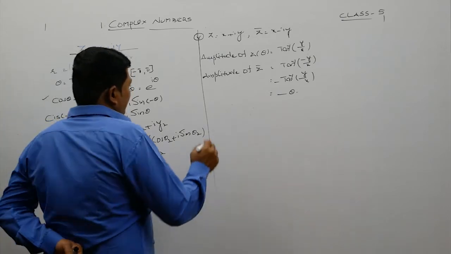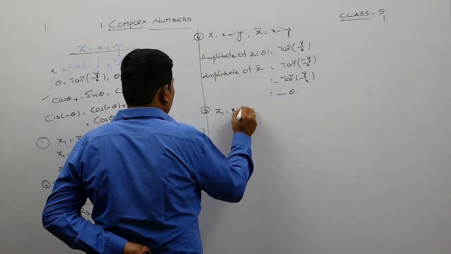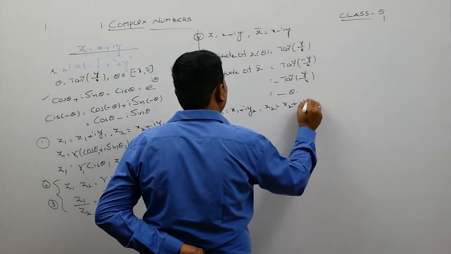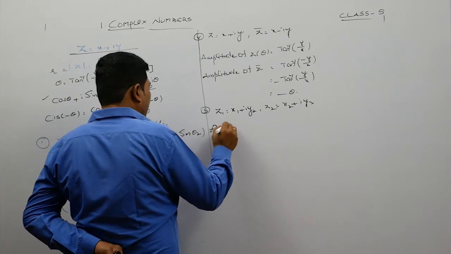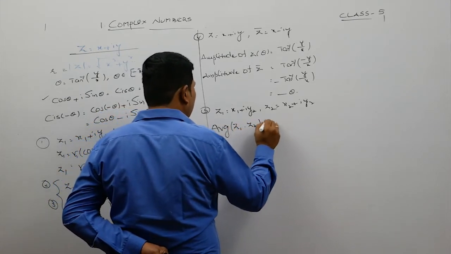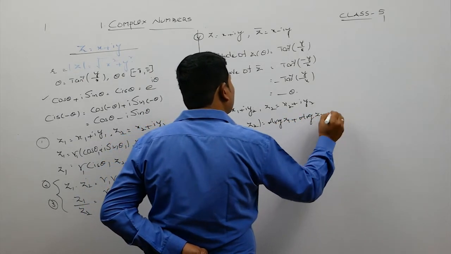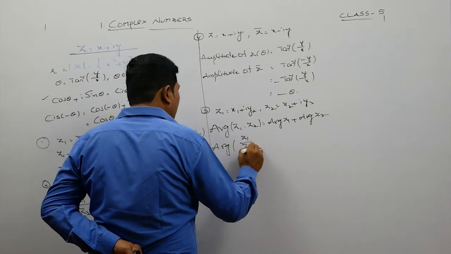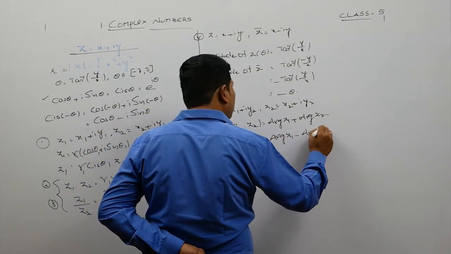So immediately if z1 is equal to x1 plus iy1 as well as z2 is equal to x2 plus iy2, then again the argument or amplitude of z1 into z2 is equal to argument of z1 plus argument of z2, as well as argument of z1 by z2 is equal to argument of z1 minus argument of z2.